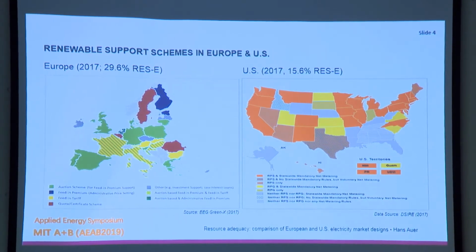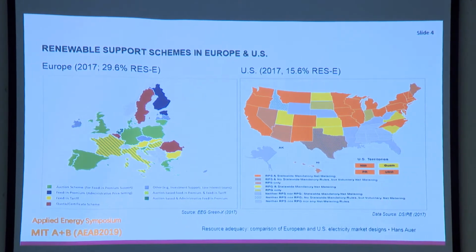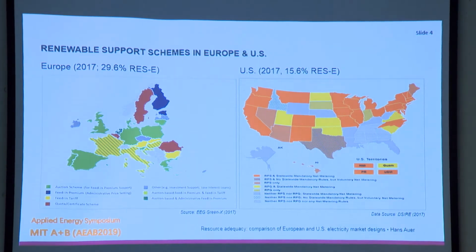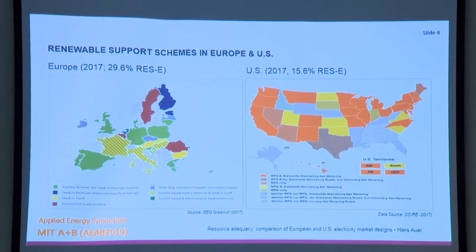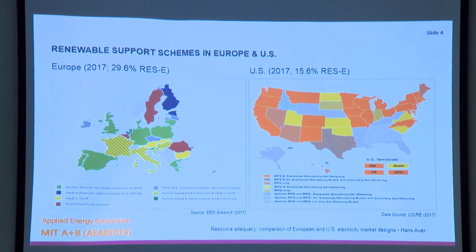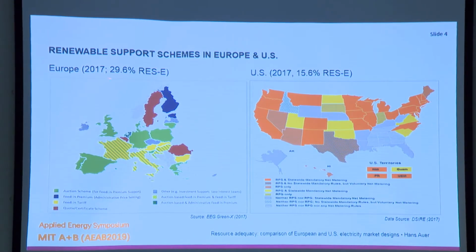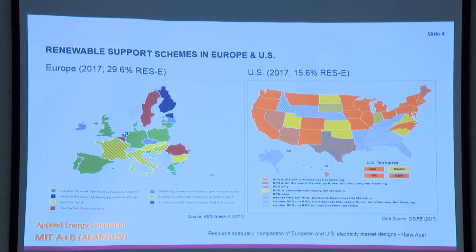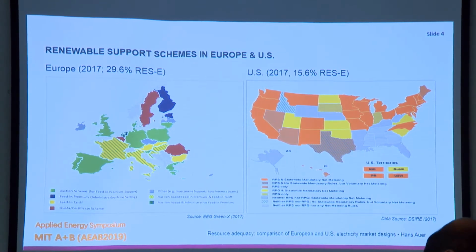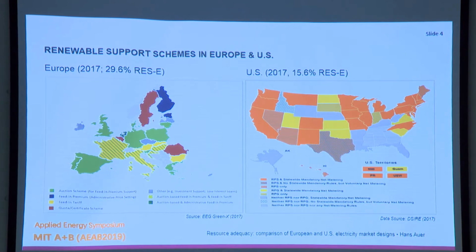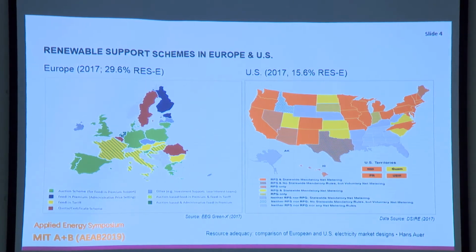So what are we talking about? What are the shares of wind and PV and also other renewable penetrations in Europe and the US? On the left-hand side, again, we see Europe, and we see the main support schemes in 2017. In Europe, we switched in the last couple of years from initially rather pure subsidies, so pure feed-in tariffs.